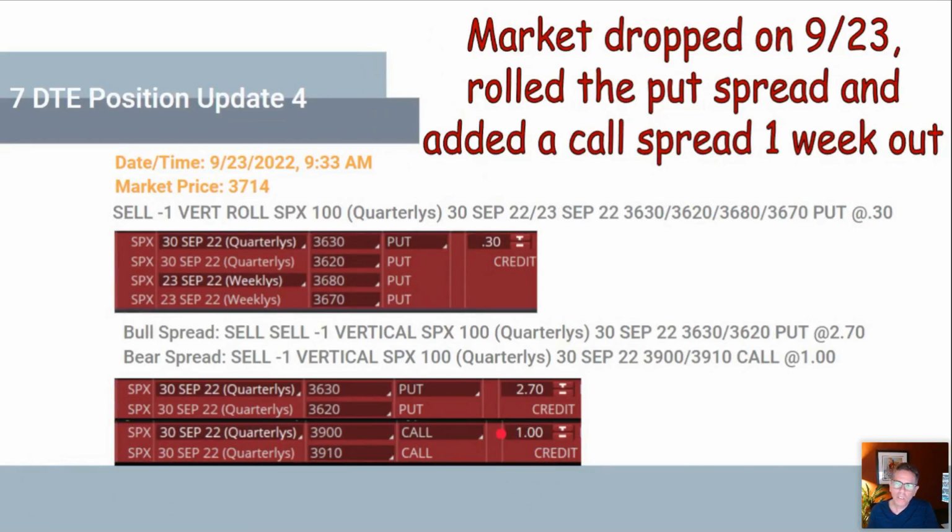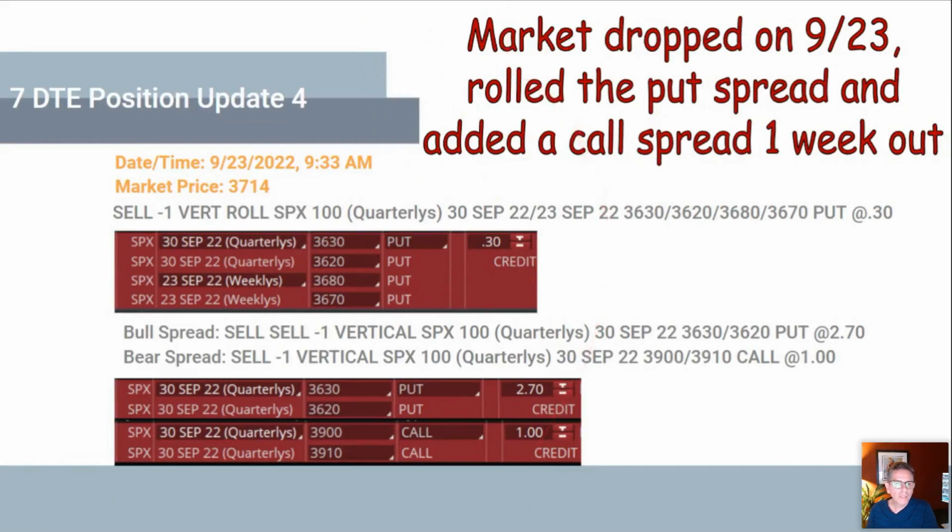Even though we are rolling these trades, we're collecting credit along the way. It's much easier to collect it on two sides of the trade, the call side and the put side, because one helps the other, so you can continue earning credit on these positions.